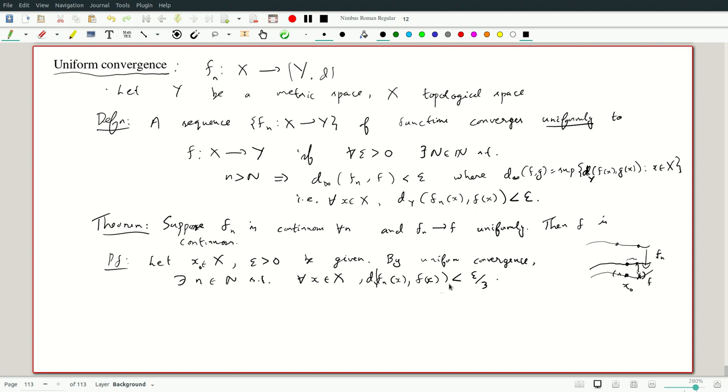And now once we have this, as f_n is continuous, there exists u open such that x0 in u, and x in u implies that the distance between f_n(x) and f_n(x0) is less than epsilon by 3.